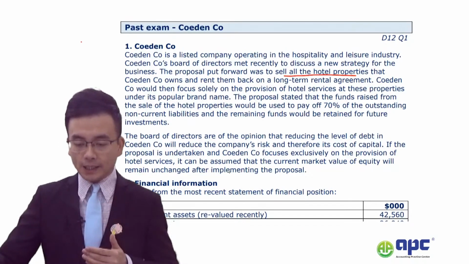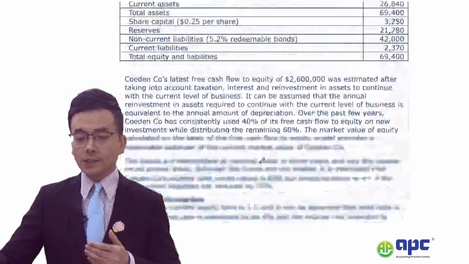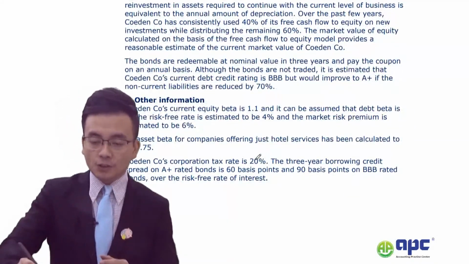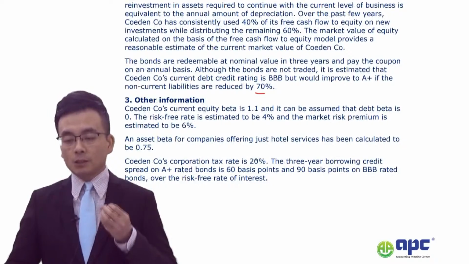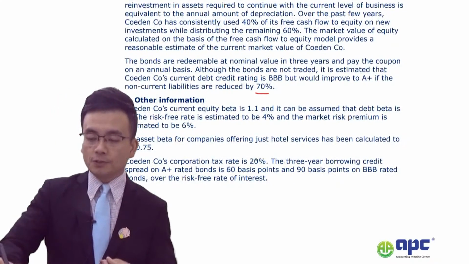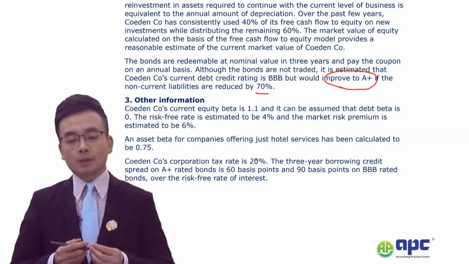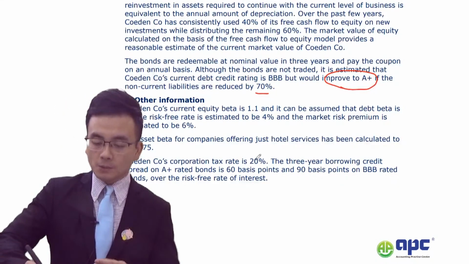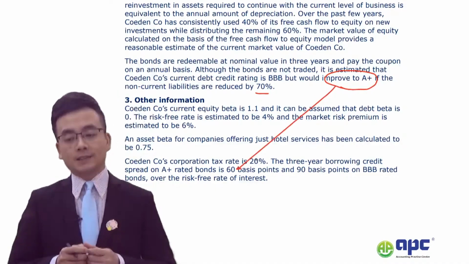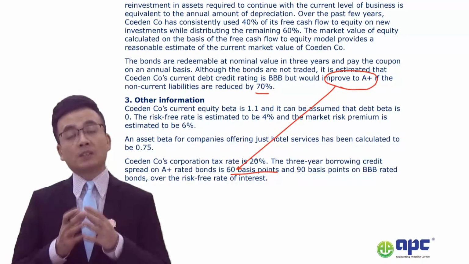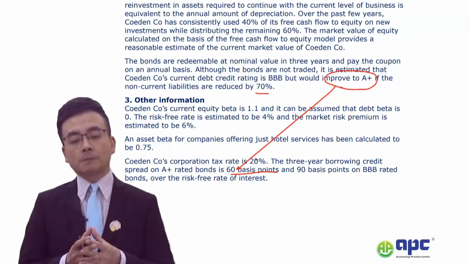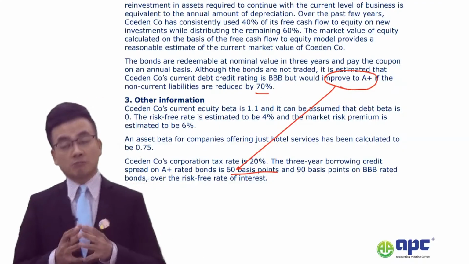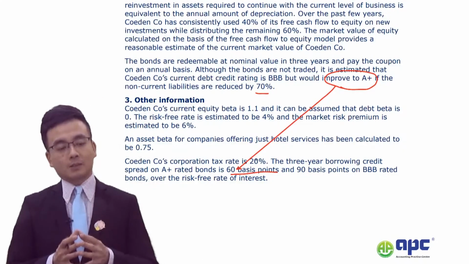Now, in the case, it says that if the liability reduced by 70%, the credit rating could be improved to A+. Okay, so A+ simply means that the basis point would just be 60 rather than 90, which makes it relatively cheaper for the Codan company to raise additional debt at some point in the future.